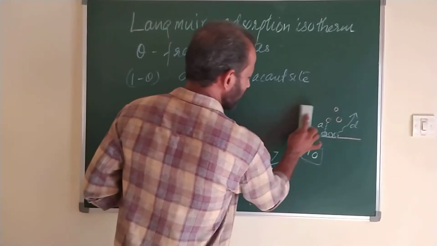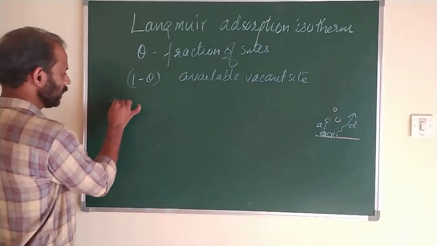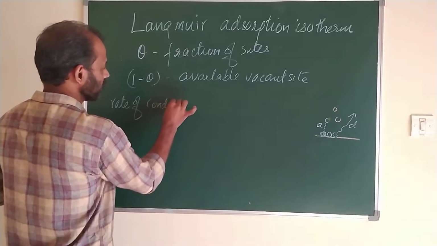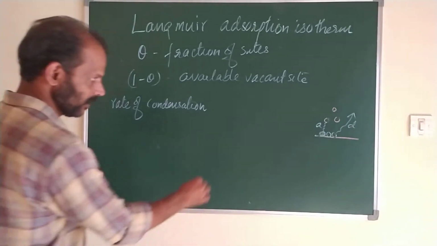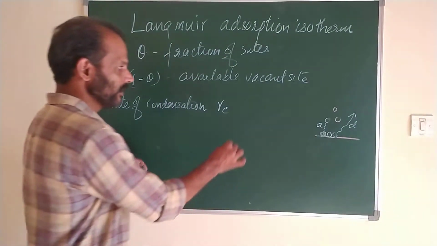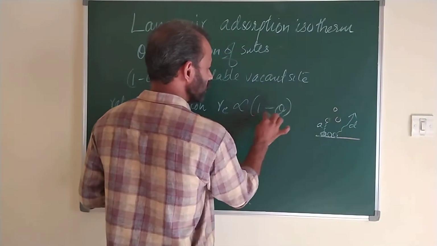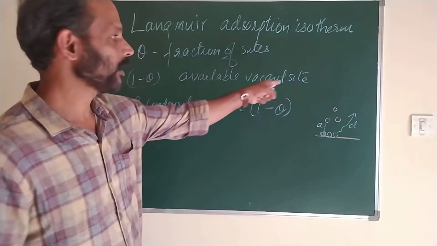Then, according to Langmuir theory, the rate of condensation, that is the rate of adsorption, we can put it as RC, which is proportional to the available vacant site. 1 minus theta is the available vacancy.